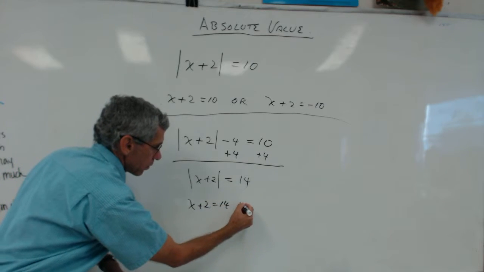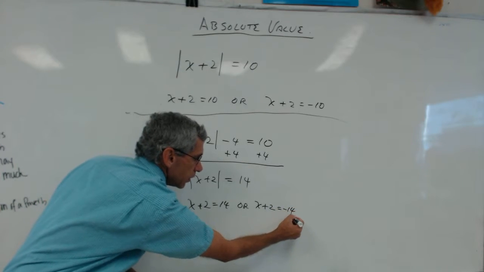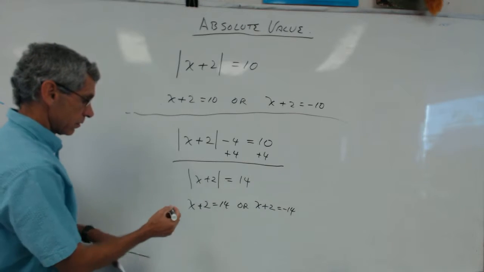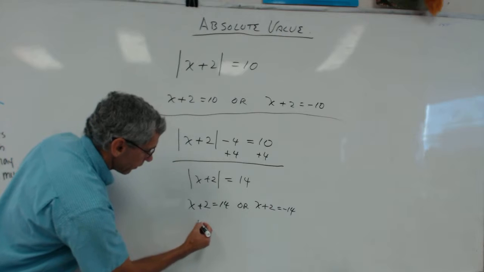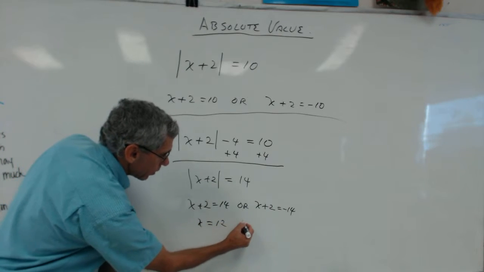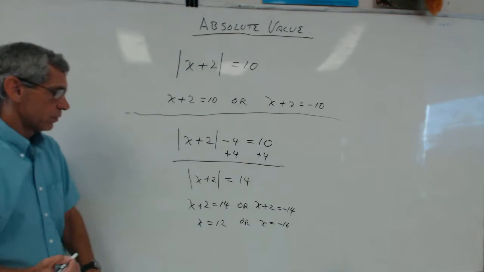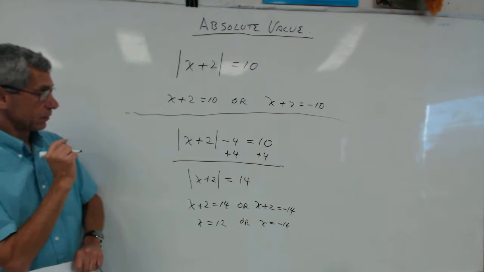And I'll explain that to you later, Max, why that's the case. And then you just subtract 2 from both sides. And if I do that, I get x is equal to 12 here, or x is equal to negative 16 here. Beautiful. Great.